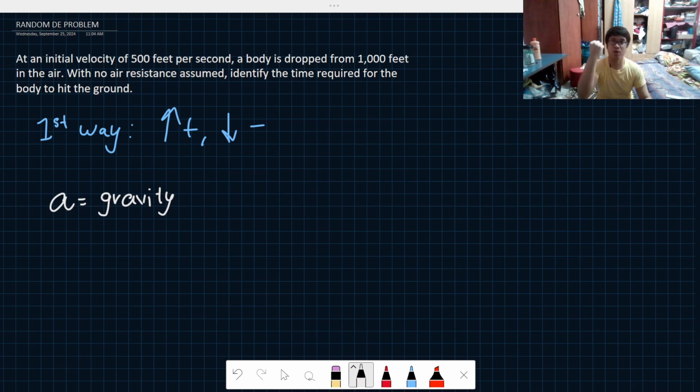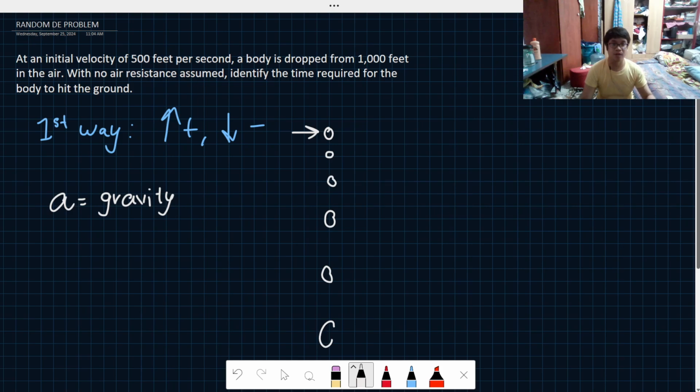Gravity is the reason why we are being pulled downward. Gravity is the reason why if I have a TV remote and I drop it, it will go down. In fact, to give you a scenario, if you drop an object at this part, it will slowly increase the speed of the body falling down.